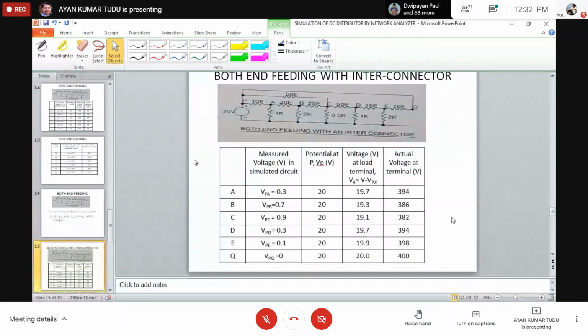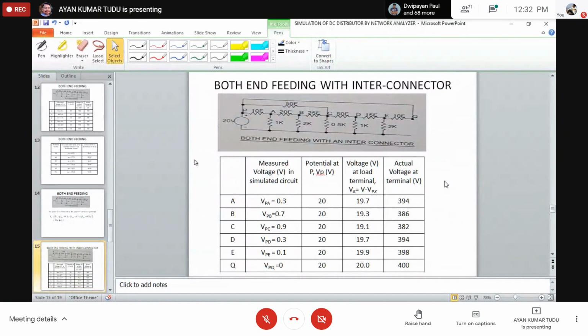We connected an interconnector of 0.5 ohm resistance between the minimum potential point and the feeding point P. So the answer to that question, why we are using an interconnector, is that if we connect an interconnector between the minimum potential point and the supply point, then it will improve the voltage drop in the corresponding sections.